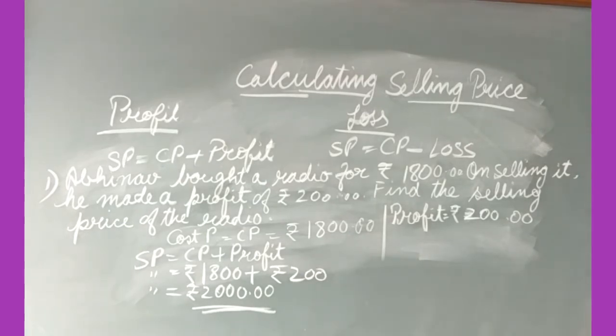What have you seen in this question? It is given that Abhinav bought a radio for rupees 1,800 and on selling it he made a profit of rupees 200.